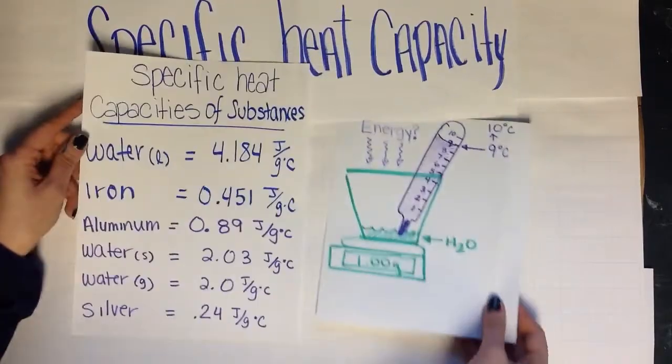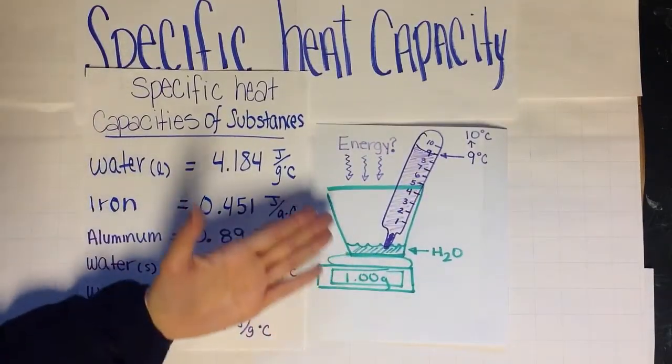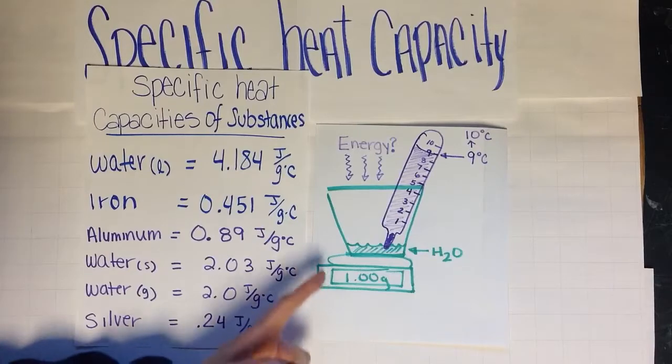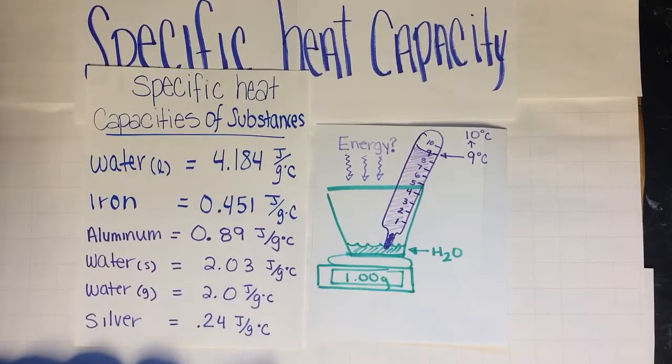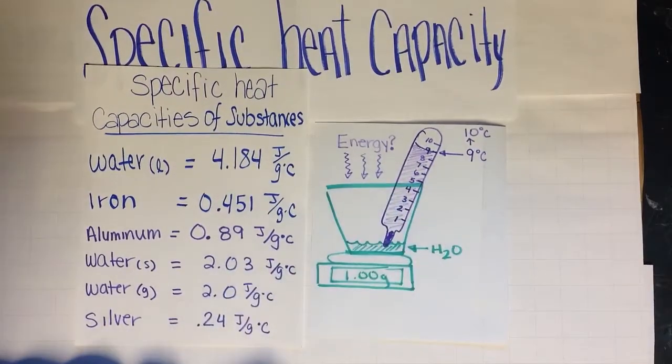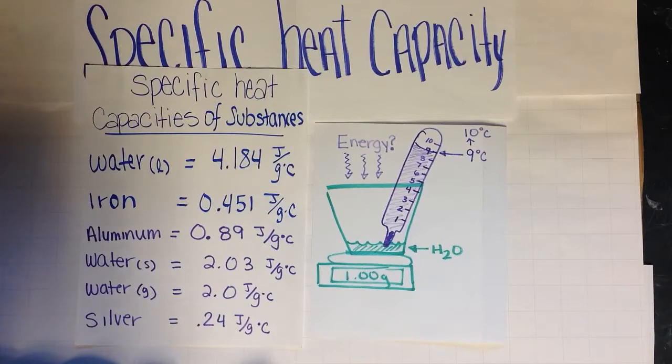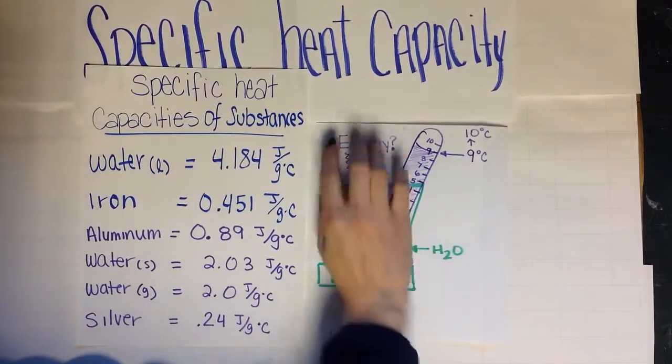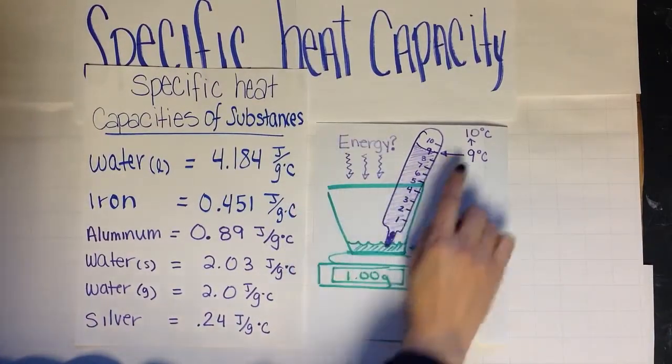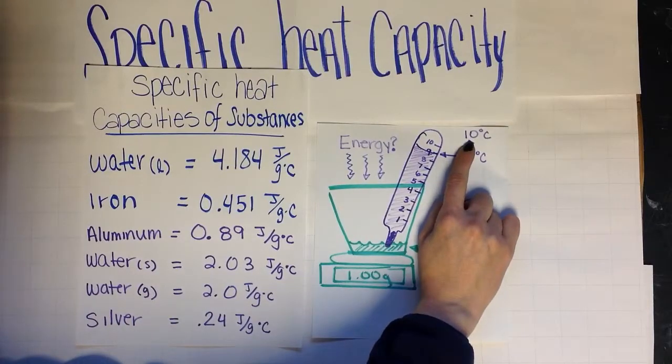If we look at this in picture form, I have here a cup and some water in it. And I measured it, and it's about 1 gram of water. And here's my mega thermometer. And let's say that the water's at 9 degrees Celsius. For the sake of argument, we'll say that that's still a liquid. And I want to know how much energy I have to put in to raise the temperature up 1 degree Celsius.